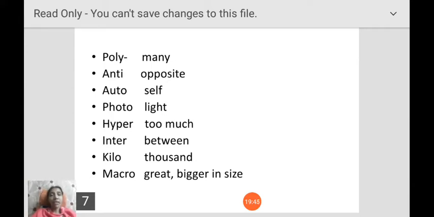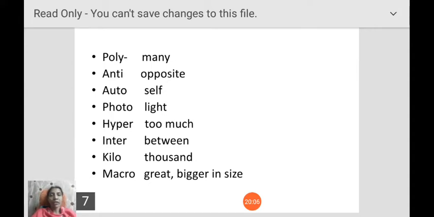For automatic, the car itself does it, by itself. So that's why we are using the word auto. Okay, automatic there.